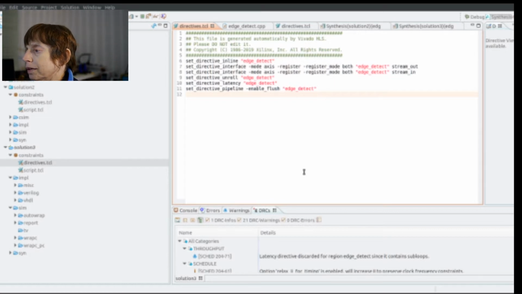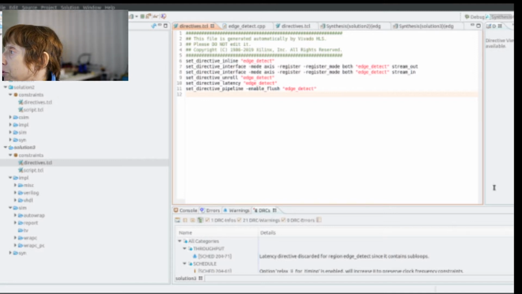Loop iteration latency and initialization interval are basically the same thing for a particular loop. Loop iteration latency is how many clock cycles it takes to do one loop, and loop latency is the total for all the iterations of the loop. So this is the terminology that one needs to understand in looking at these reports.